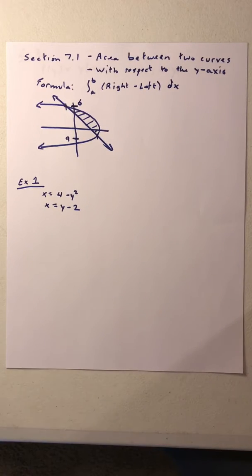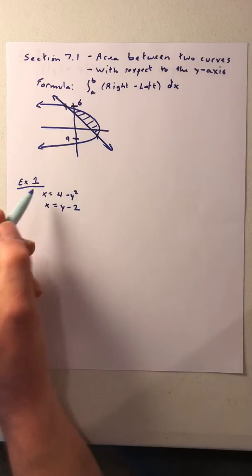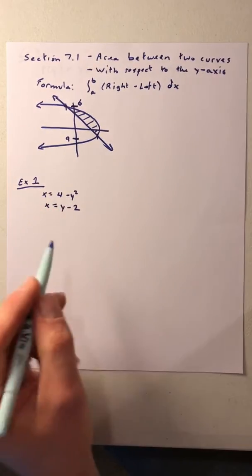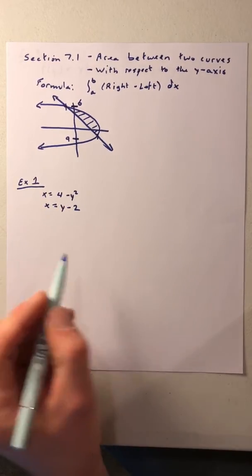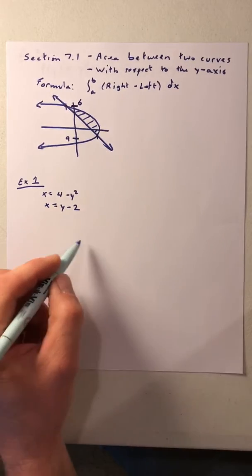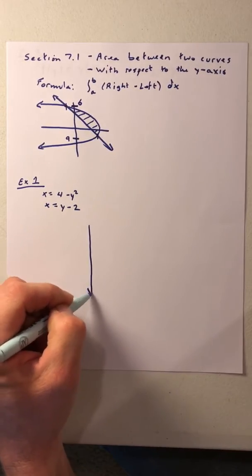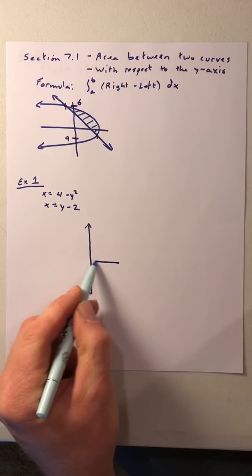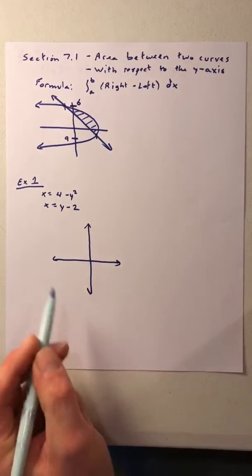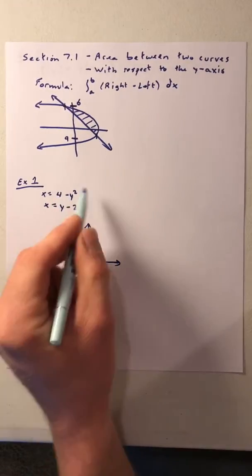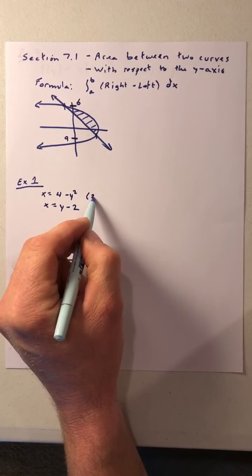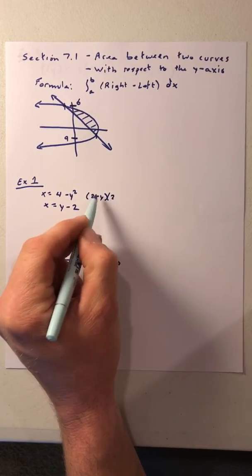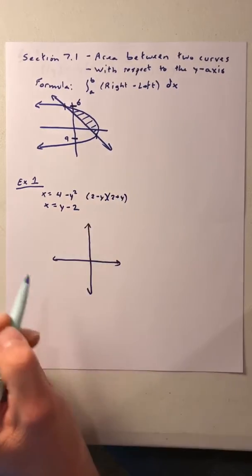So let's go ahead and look at example 1, and maybe it'll make a little more sense to us. If I give you x equals 4 minus y squared and x equals y minus 2, what do those graphs look like? Hopefully many of us know. 4 minus y squared, we could factor as 2 minus y and 2 plus y.